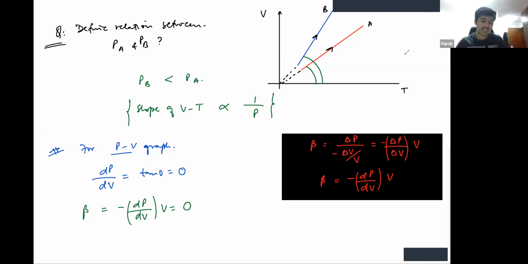Yes, and they skipped two chapters also, which they will do afterwards. It's oscillation and waves. Yes, sir. And then they will give these two chapters in the final exams. That's it.